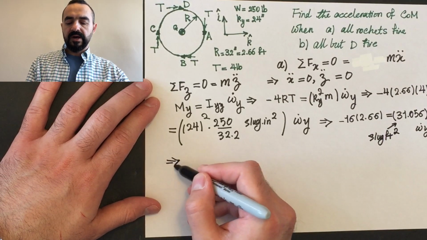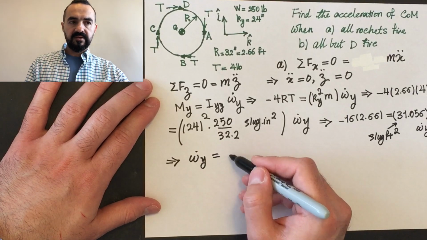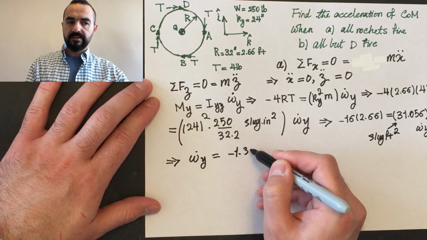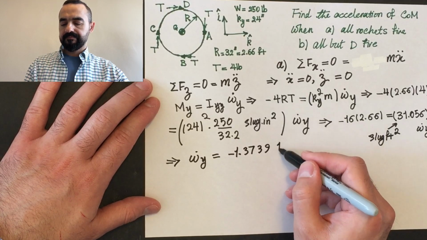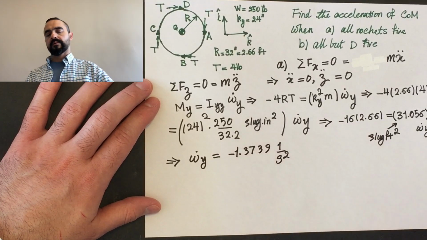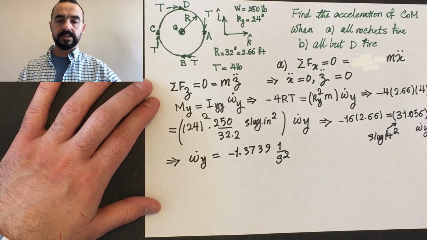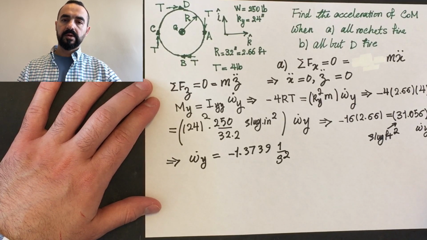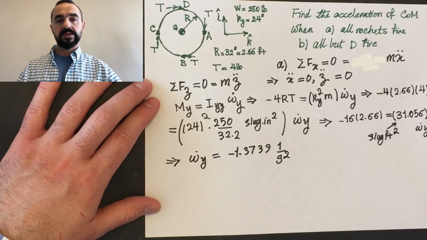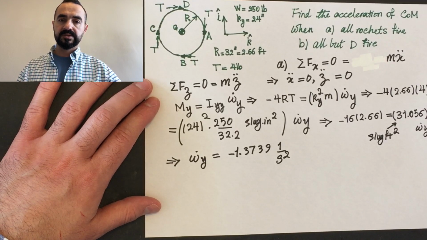And from that, I compute omega dot y being equal to negative 1.3739 per second squared. So once we have all the numbers or all the input variables, it's pretty straightforward to compute the translational acceleration and rotational acceleration of center of mass.